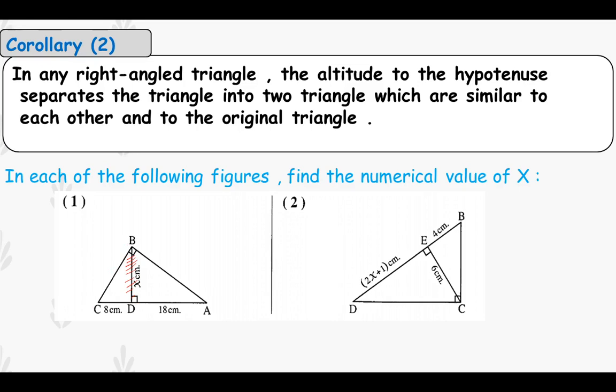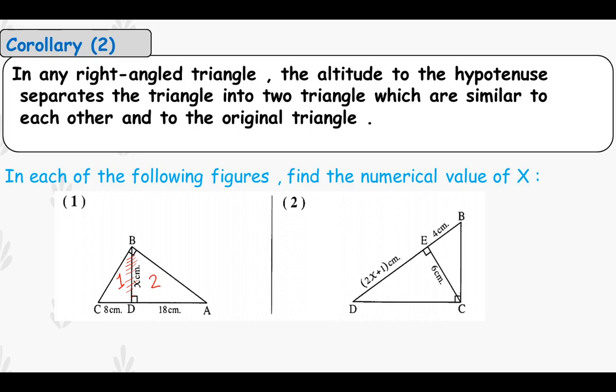Where are the two triangles? The two triangles are CBD and ADB. This is triangle number 1 and this is triangle number 2. The two triangles are similar to each other, and each one of them is similar to the large triangle.